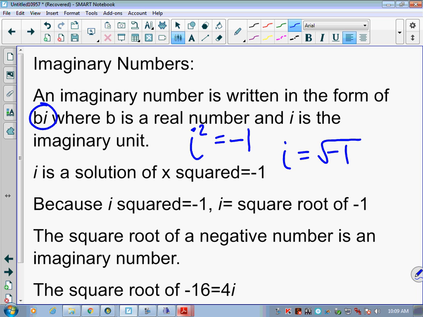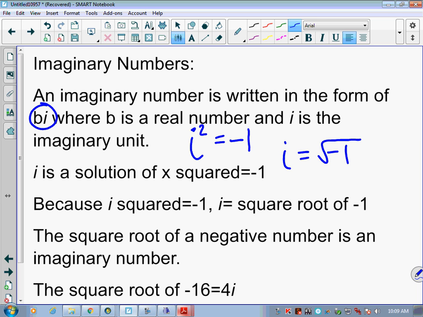You might have seen me write a list of that up on the board, and so on and so forth. And we can work with more and more complex numbers, which is what this lesson is about. For instance, if I took i to the fourth, that would be negative 1 times negative 1, so i to the fourth would actually equal what?